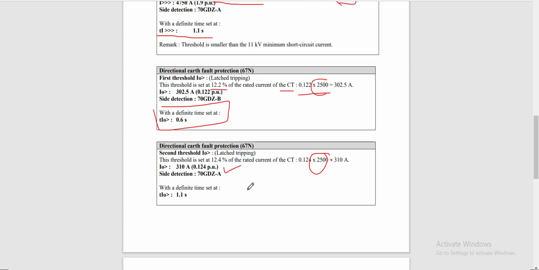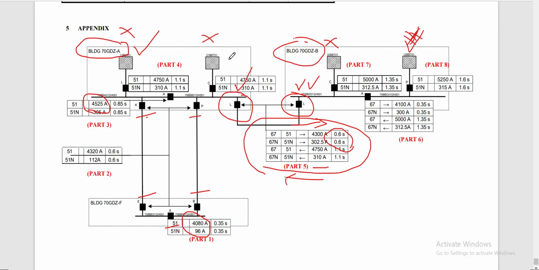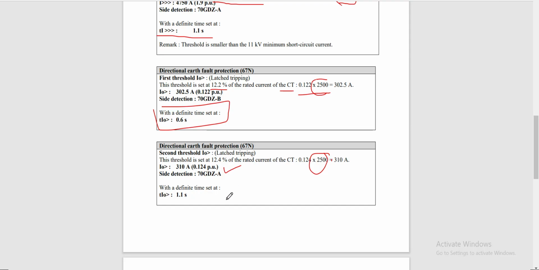So the side detection will be on the building A, this side from here, and with the definite time set at 1.1 second.